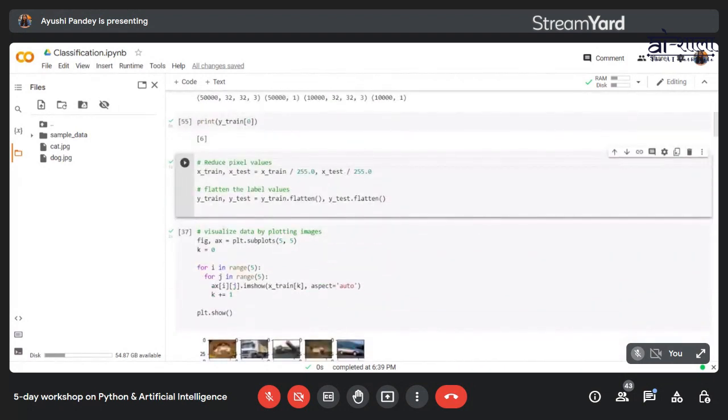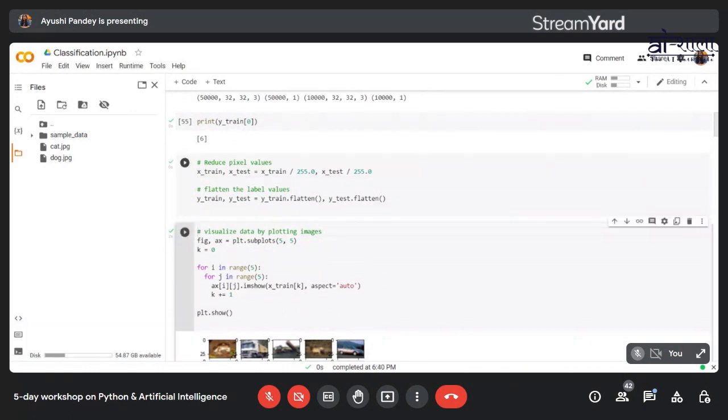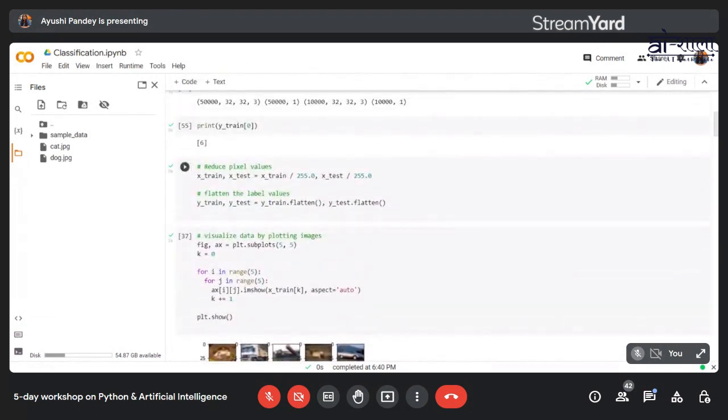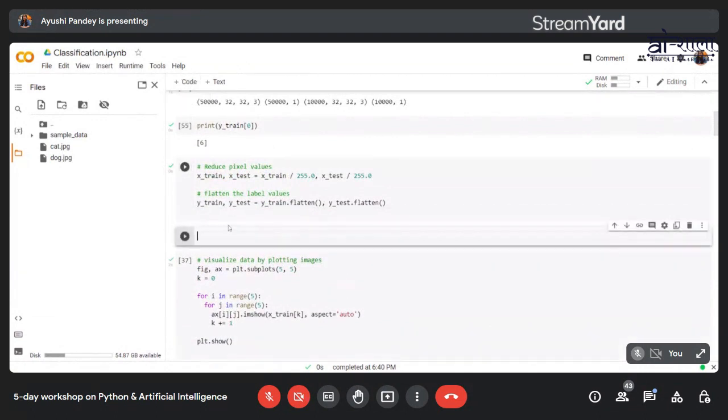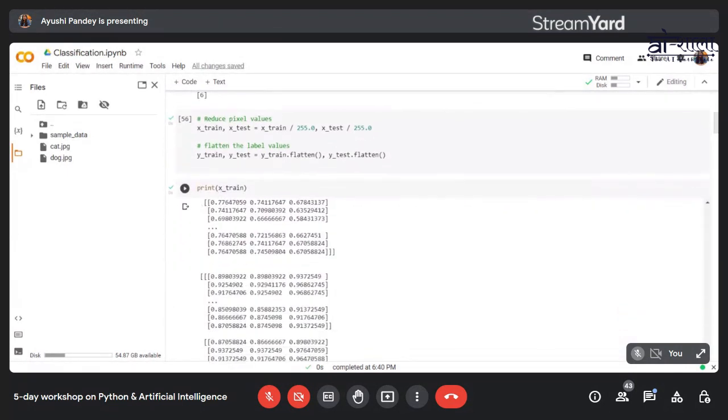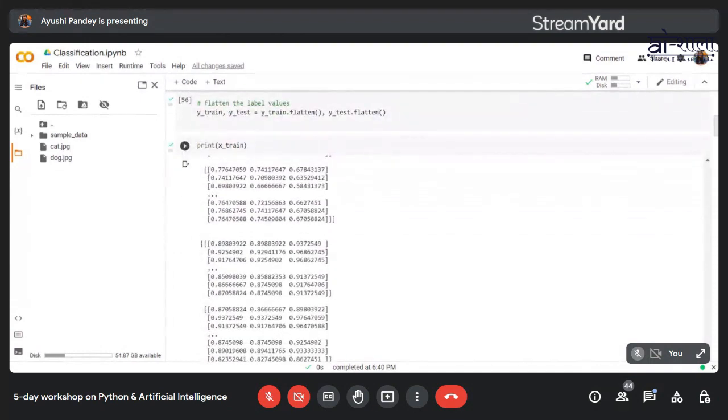Now I'm reducing the pixel values, converting the RGB value into a basic 2D value. Now I'll show you how the image looks. You can see this has been reduced between 0 and 1.